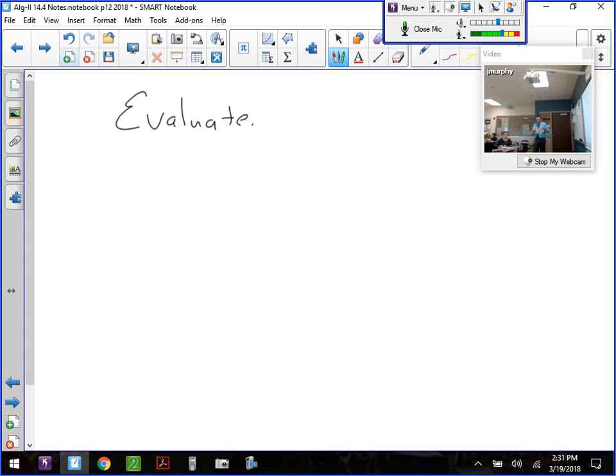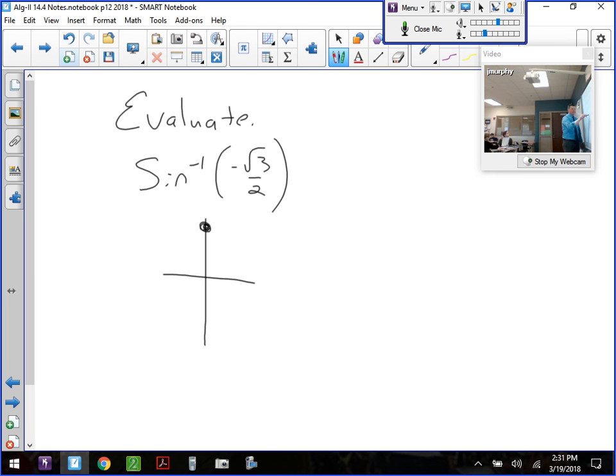Now, the difference between if it says find the exact value of the expression or evaluate, that's when you had something like this. When you had that given to you, it says find the exact value or evaluate the function. That means you have to remember where you are searching for your sine values as you're doing the problem.